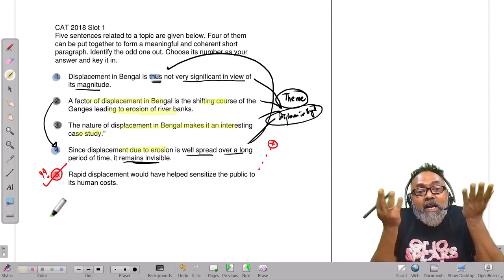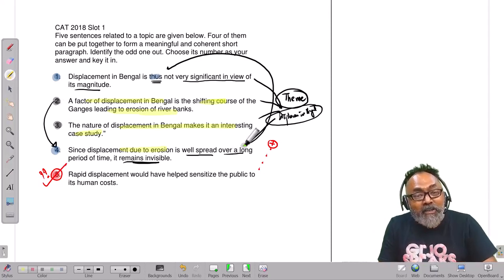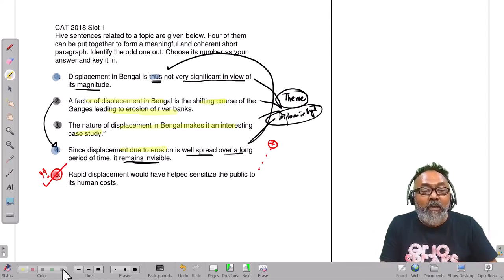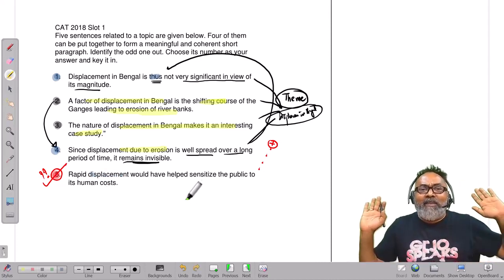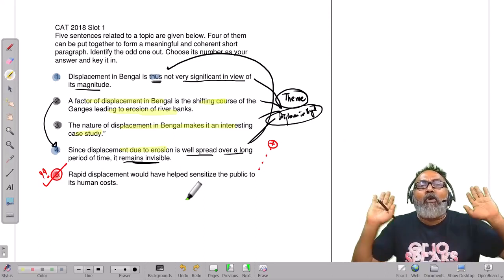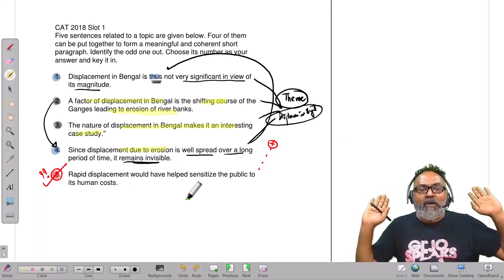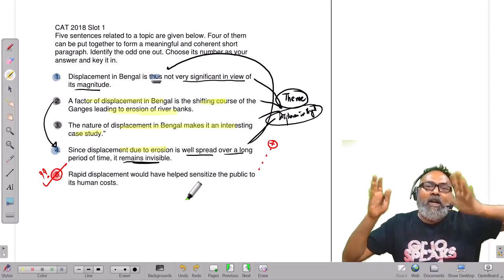Which sentence? The way in which this question set is trying to trap you is by creating this echo word and confusing you. Beware. The only way they can confuse you is by creating some faulty echoes, or faulty pronoun link, or faulty this link. That's the only thing.